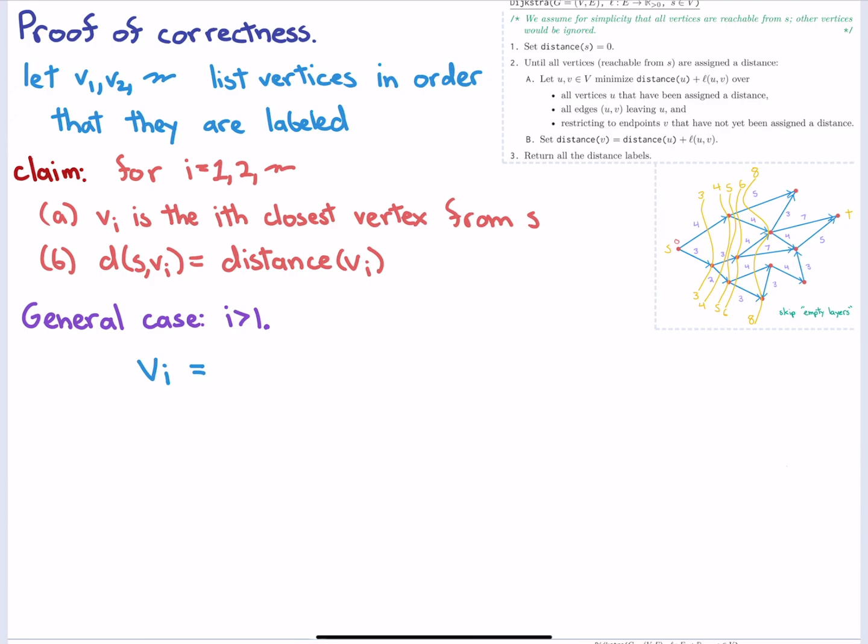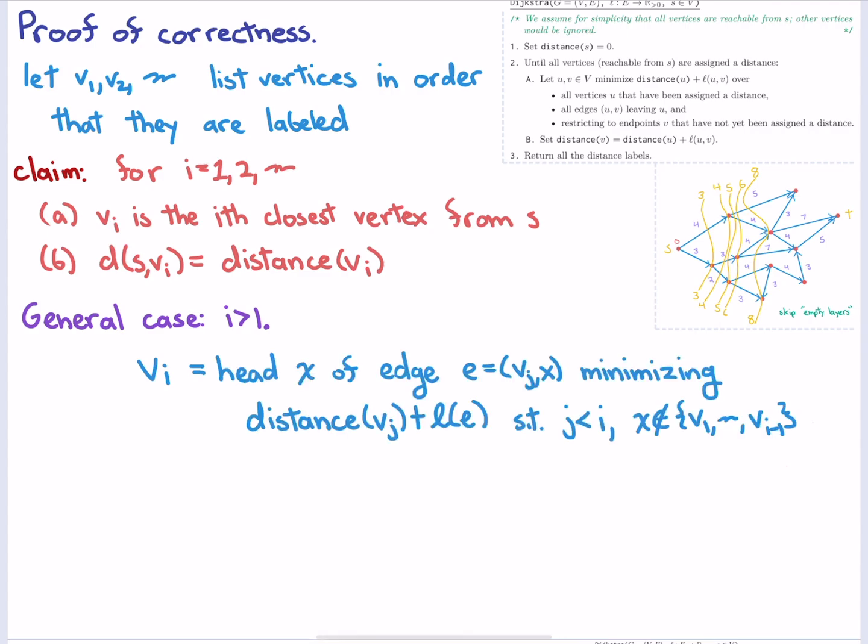So if I wanted to describe what vi is a little more declaratively, out of all edges e going from some vertex that's already labeled, from some vj where j is less than i, to some other x, the endpoint, the head, so to speak, it's minimizing the distance to that first point plus the edge, like we did. So that's one way to describe somewhat compactly what the algorithm is doing.